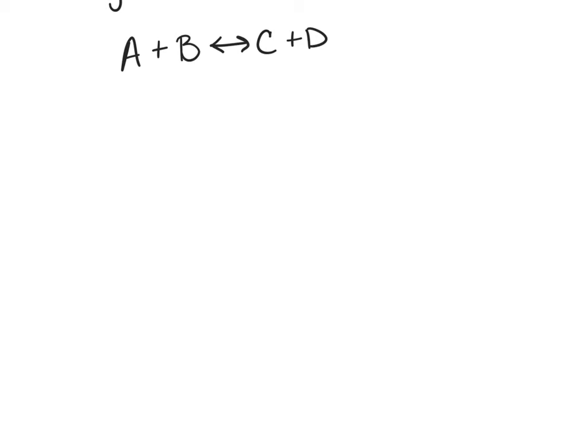An example of that is, if we take water and we add carbon dioxide to it, what we end up making here is H2CO3, which is carbonic acid. But our carbonic acid can then go back to water and carbon dioxide.